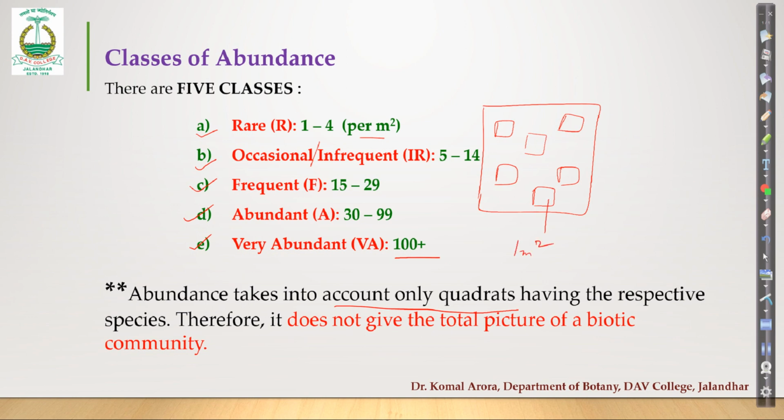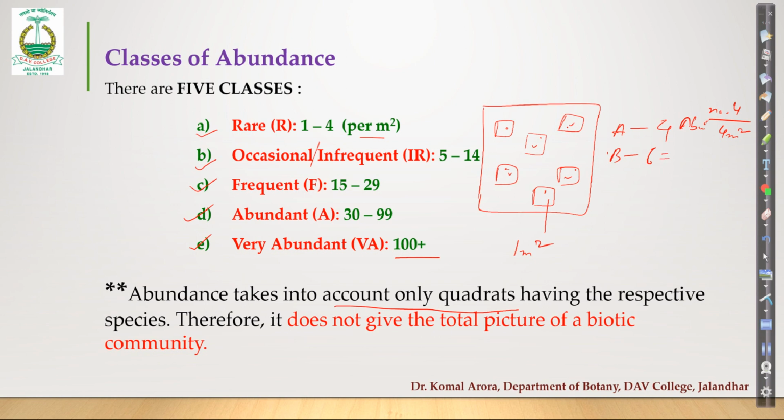Then, let's suppose we are talking about 2 species, A and B. You observe species A is present in 4 quadrats and species B is present in all the 6 quadrats. So for this, the abundance will be the number of plants in those 4 quadrats divided by 4 meters square. Only the area in which that species appeared.